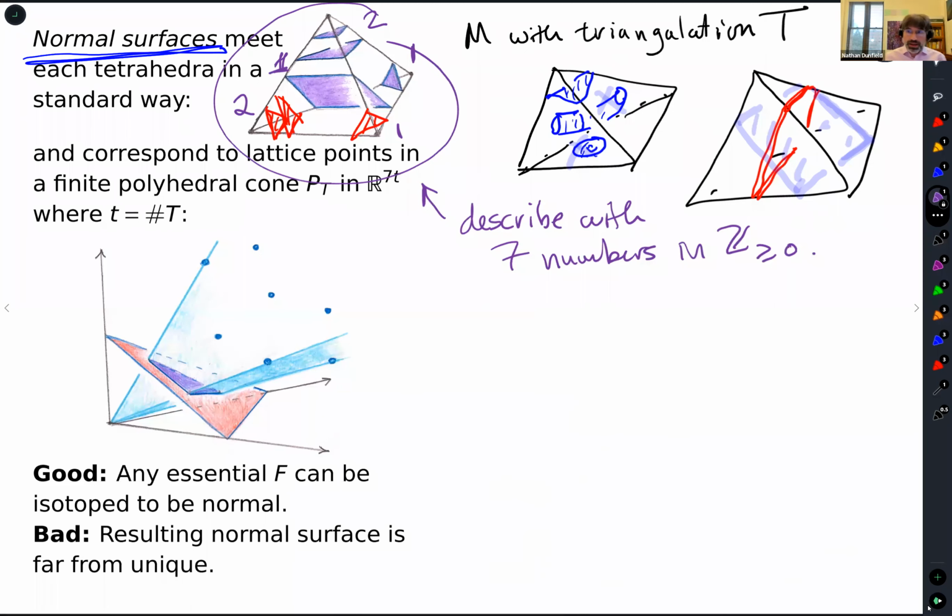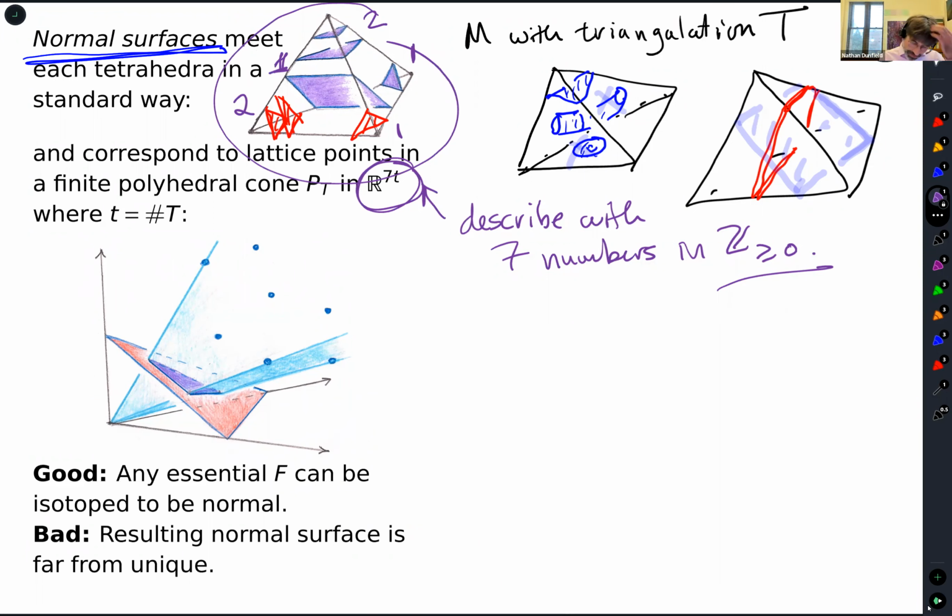And in fact, if I have a normal surface, which is one that meets every tetrahedron in pictures like this, then I can record that surface by just a list of 7T non-negative integers, where T is the number of tetrahedra. Those numbers come from the surface, but in fact, it's enough to recover the surface.